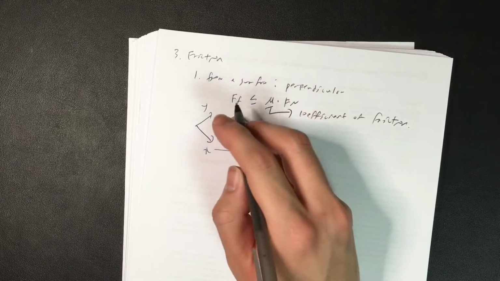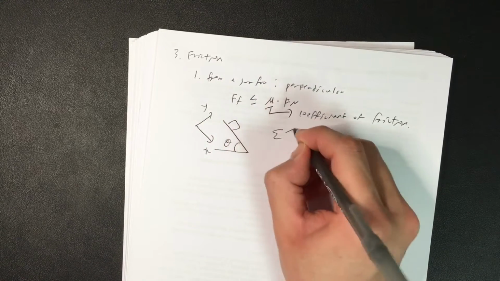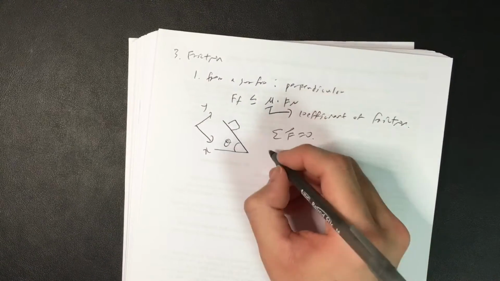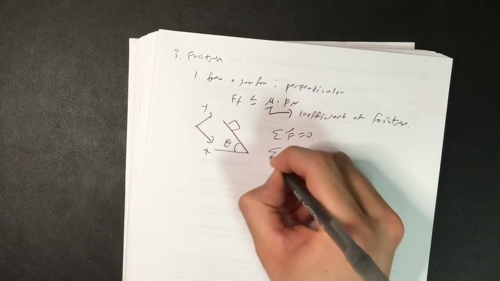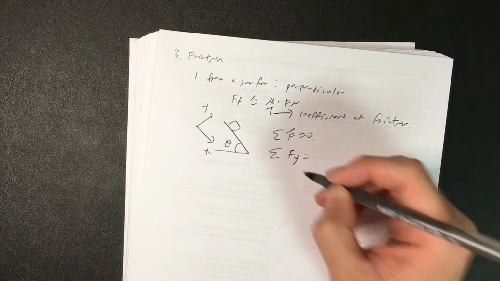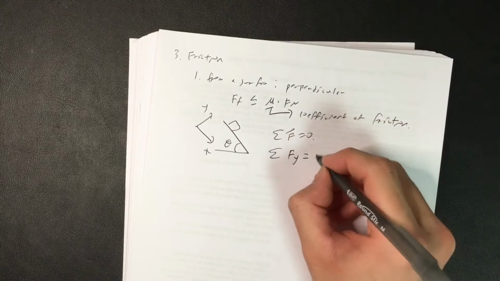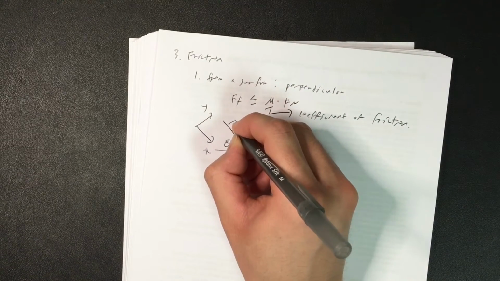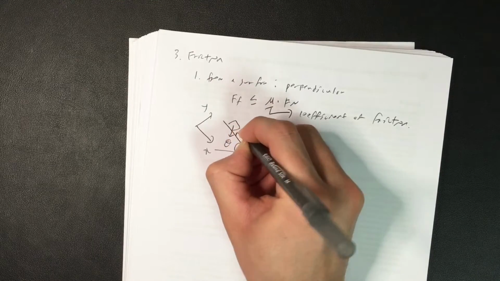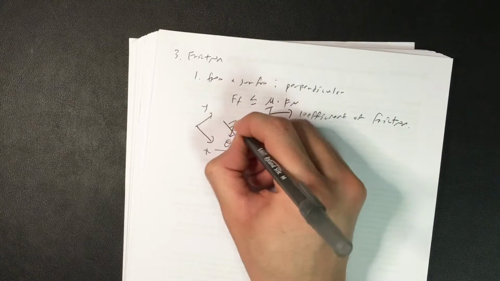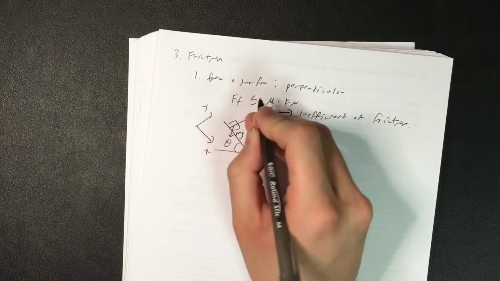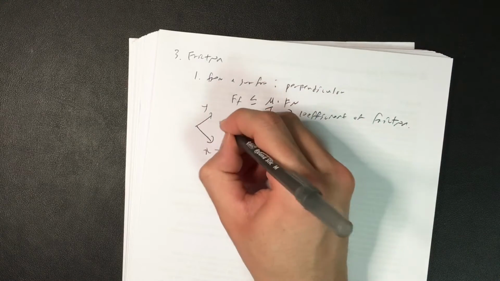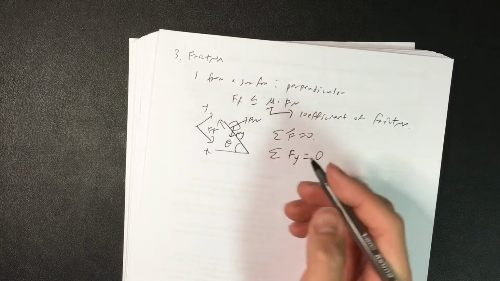Since the object is at rest, the summation of the forces must be 0. Therefore, the summation of the forces in the y component must be 0 as well. If I draw the force diagram of this system, there is the weight, mg, there is the normal force perpendicular to the ground, and there is the force of friction.